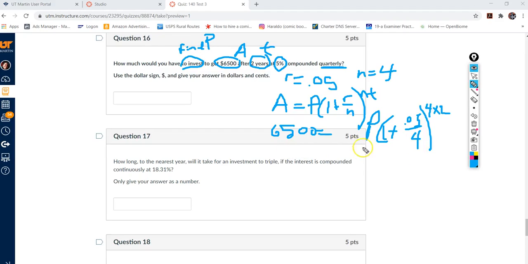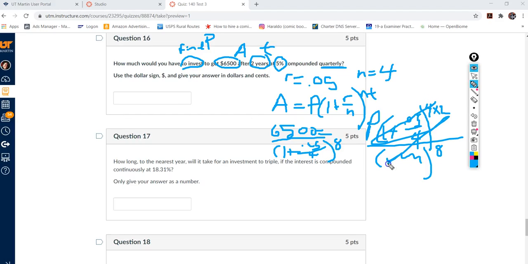So I just have to divide both sides by whatever P is multiplied by. And that's to the power of 8. So 6,500 divided by (1 plus 0.05 over 4) to the power of 8. And so this will cancel, and that will leave me with P. Now, do not try and round what's inside the parentheses.